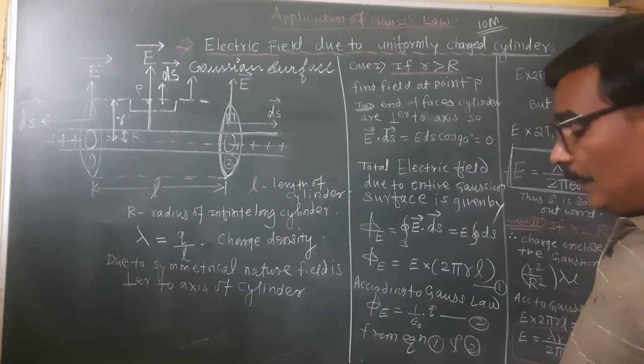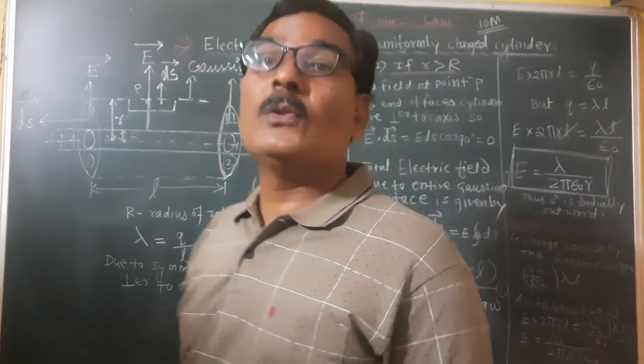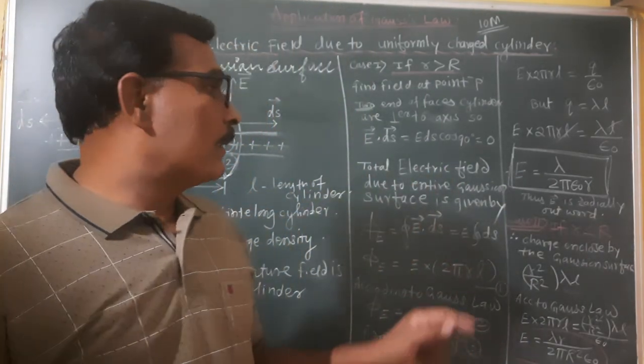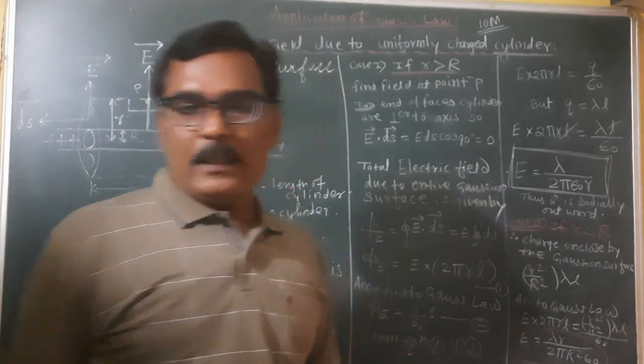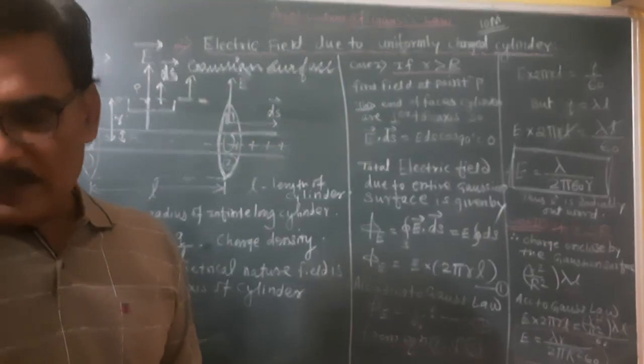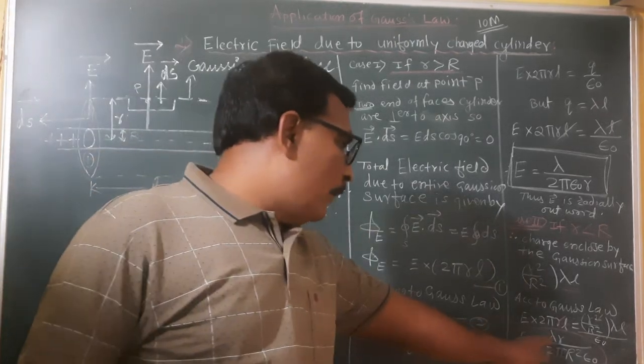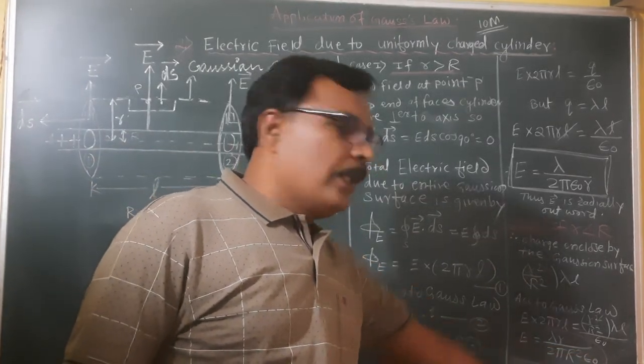First case, E is equal to lambda upon 2 pi epsilon 0 into small r. Second case, E is equal to lambda r divided by 2 pi R square into epsilon 0.